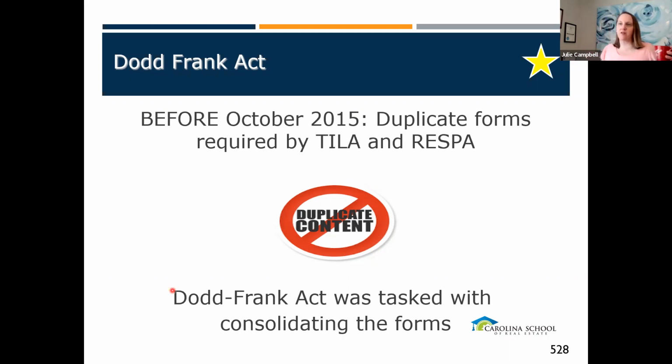So why don't you guys remind me in a private chat? Earlier today, we said TILA was also known as regulation what? TILA is also known as regulation what?